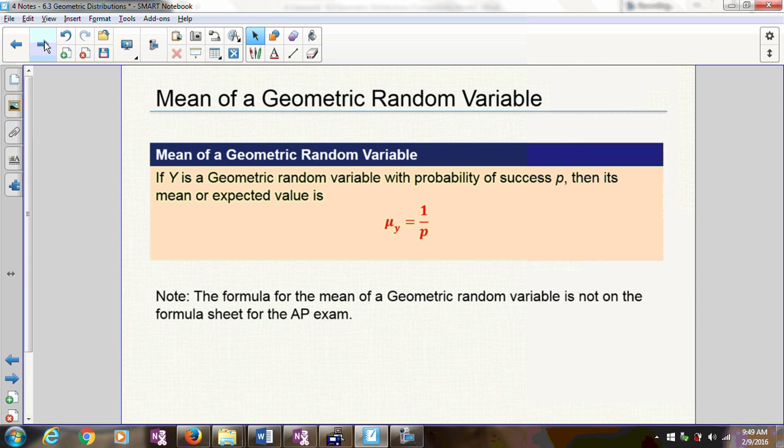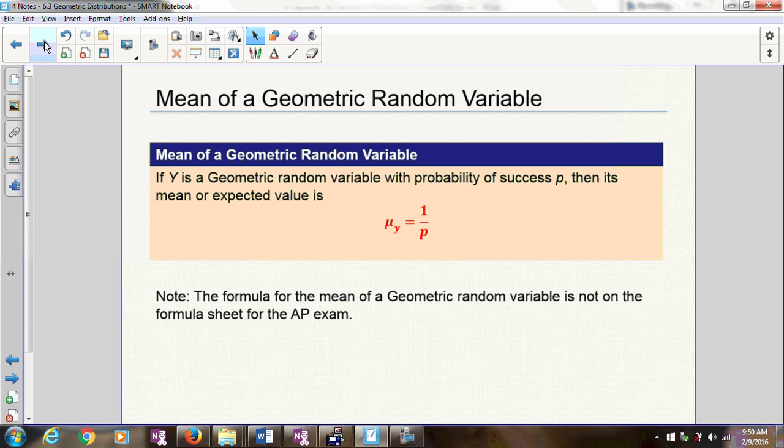The next thing we're going to talk about is the mean of a geometric random variable. With a binomial random variable, we said that the mean was n times p. With a geometric, it's just the reciprocal of p, or 1 over p. This formula is actually not on your AP exam. It's not on the formula sheet, so keep that in mind.